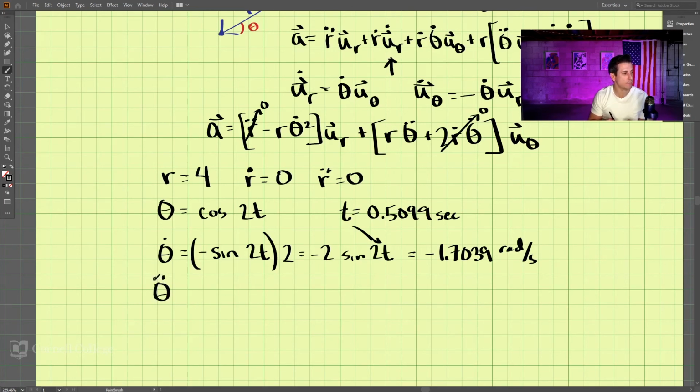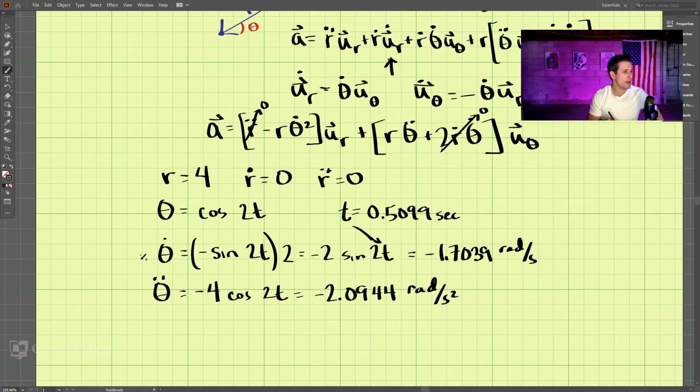We take the derivative of this equation here, and that comes out to be negative 4 cosine 2t. And we then again sub in this 0.5099 for t, and that comes out to be negative 2.0944 radians per second squared.